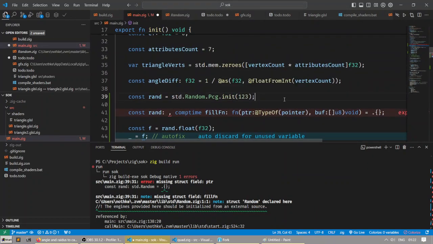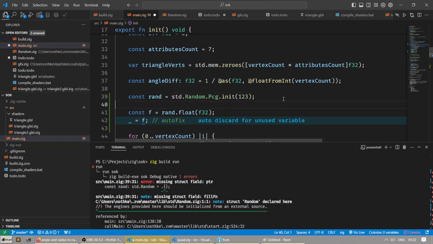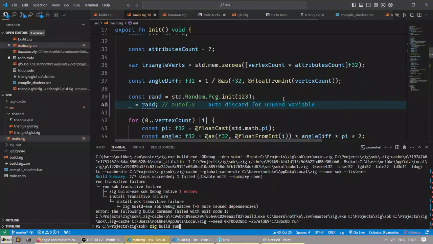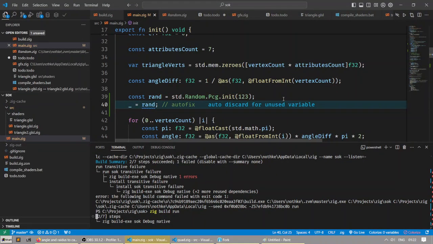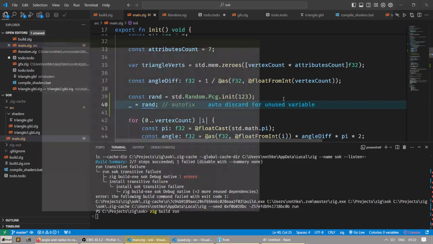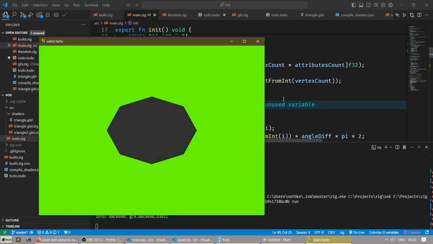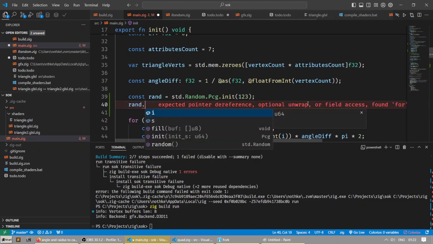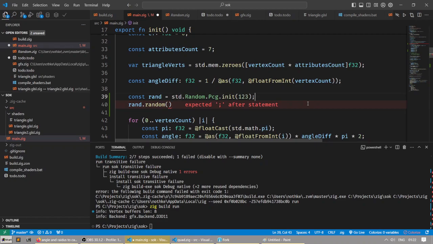You can init, and yeah, let's actually remove that, and let's remove the whole thing and just compile, and let's see if this works. Yeah, it does. So yes, if you want to get a random, you basically say random. Yes. Well, we are gonna grab a random from there.